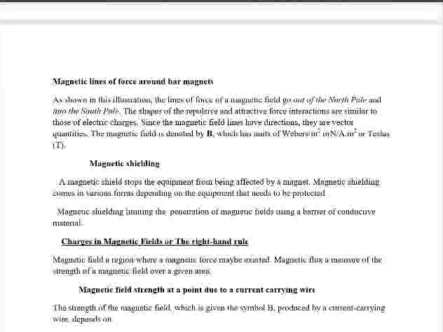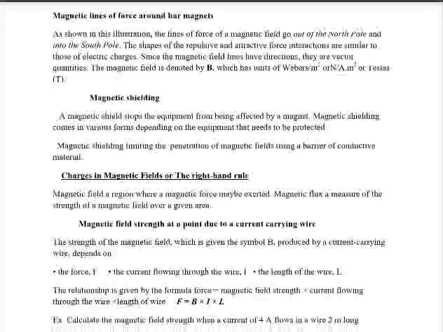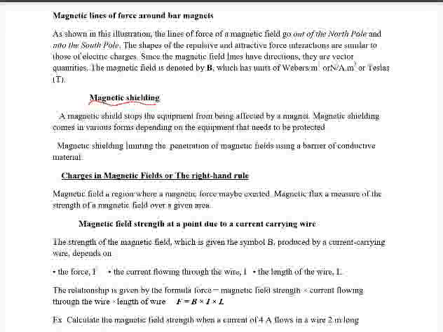Okay, magnetic lines of force around a magnet. We have already seen the diagram. What is magnetic shielding? Magnetic shielding is stopping or protecting a material from being affected by a magnet.